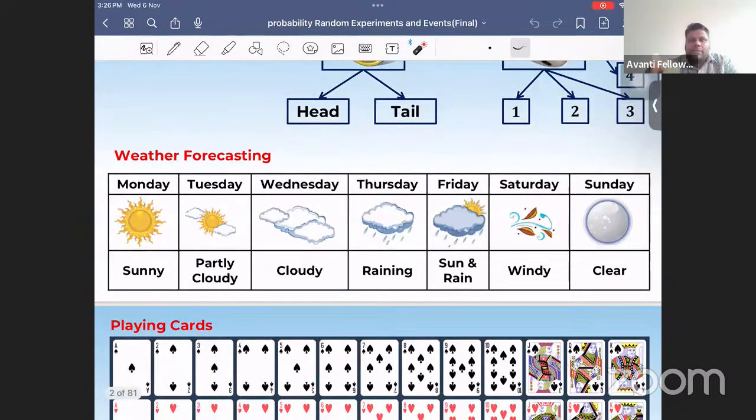Then generally we see questions regarding weather forecasting. Got it? And what terms do we use there? It's a sunny day. Or it's partly cloudy, means little sun and little cloud. It's cloudy. It's raining there. It's sun and rain. It's windy, means some high wind is blowing.